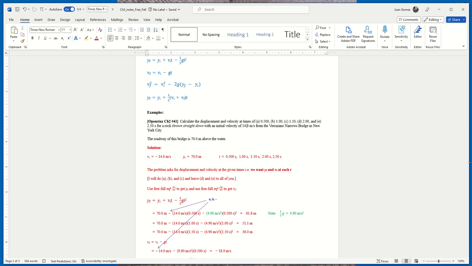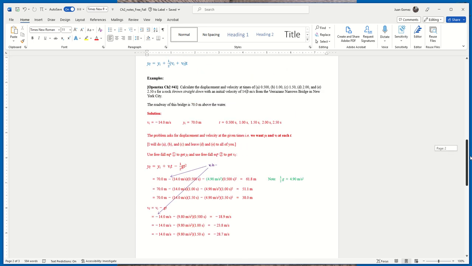Just like the previous examples, let's look at what we're given. We are given Vi, which is negative 14 in the y direction, since the rock is thrown straight down. Y initial is 70, because the bridge is 70 meters above the water, so it's being thrown from an initial height yi of 70 meters.